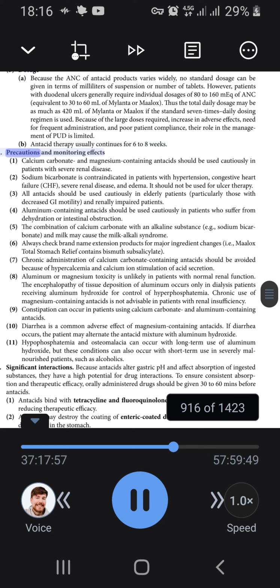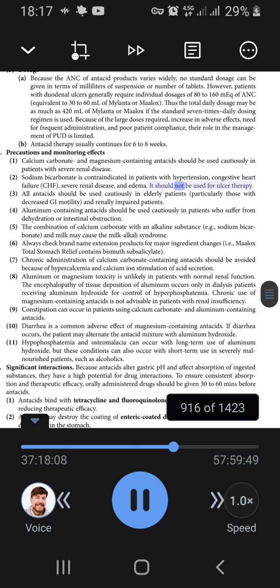D. Precautions and monitoring effects. 1. Calcium carbonate and magnesium-containing antacids should be used cautiously in patients with severe renal disease. 2. Sodium bicarbonate is contraindicated in patients with hypertension, congestive heart failure, severe renal disease, and edema.